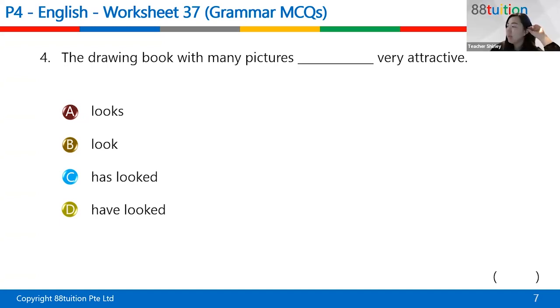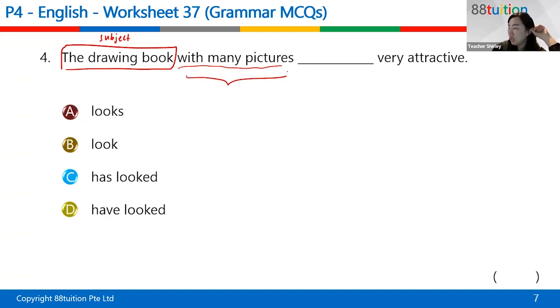Yeah, the answer is A because the drawing book is the subject. Now, with many pictures, it's actually an adjectival phrase. It means that it describes the book.